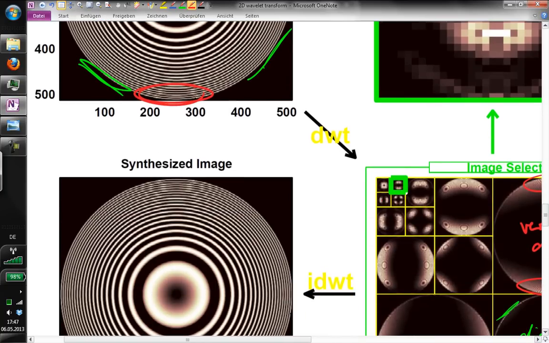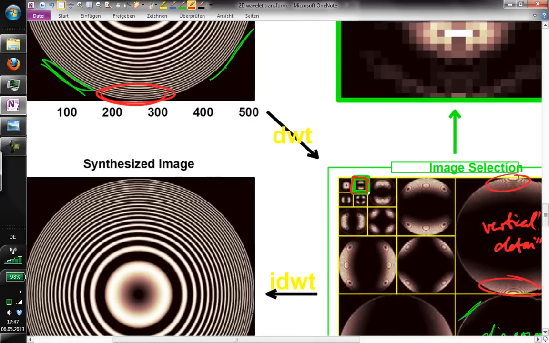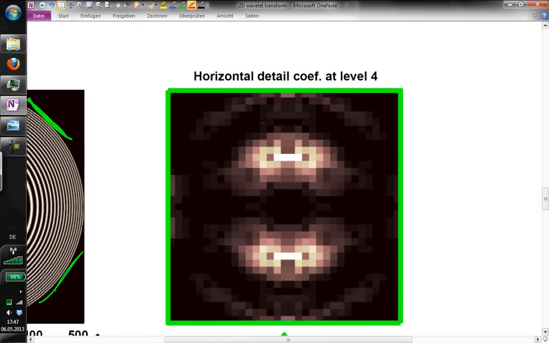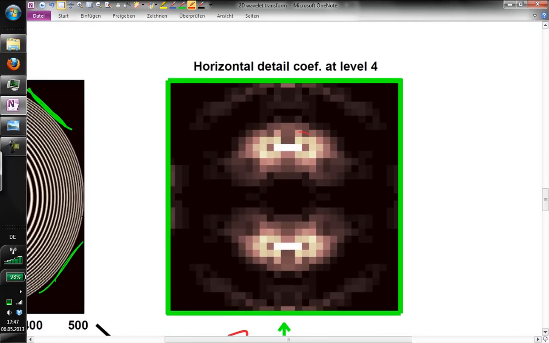If I'm now looking at the vertical details at this scale here, you see that at the very high resolution or the very small scales, the vertical details were at the very limits, at the very outsides of the circle. But now at this scale here, and there's a blow up shown there, the highest energy is more in the middle of this test pattern.